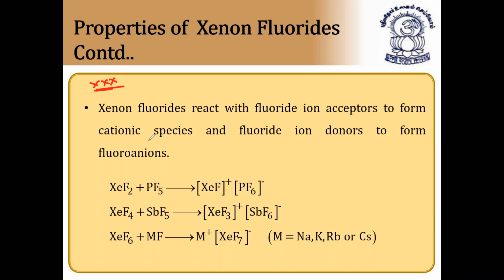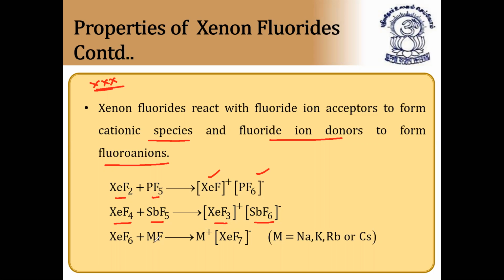You can see here, xenon difluoride on reaction with phosphorus pentafluoride forms XeF+ cation species and PF6- fluoroanions. And xenon tetrafluoride on reaction with antimony pentafluoride forms XeF3+ SbF6-.